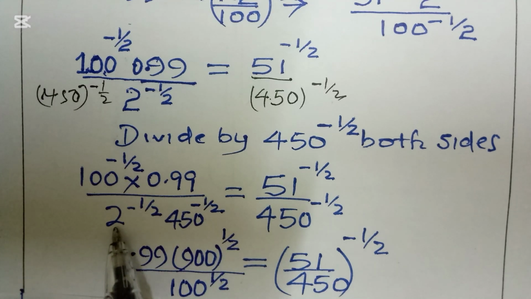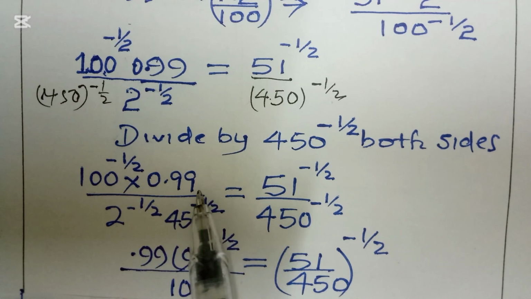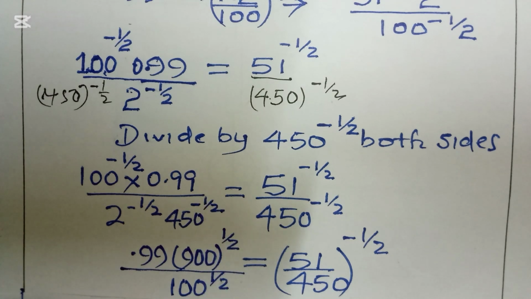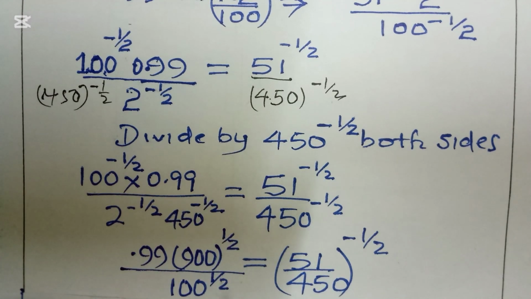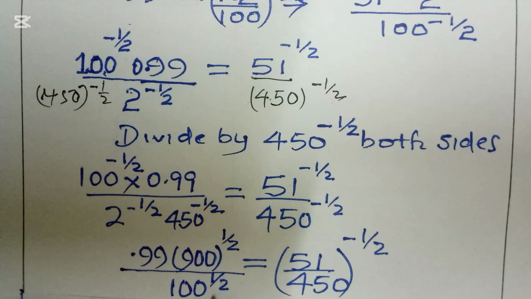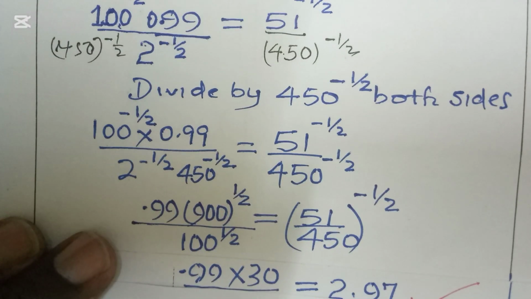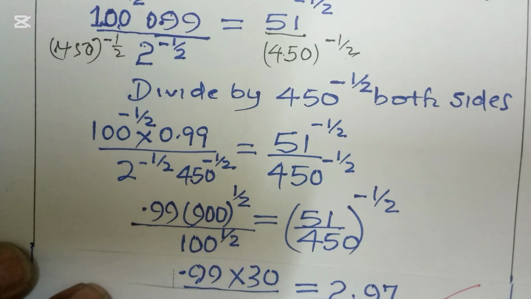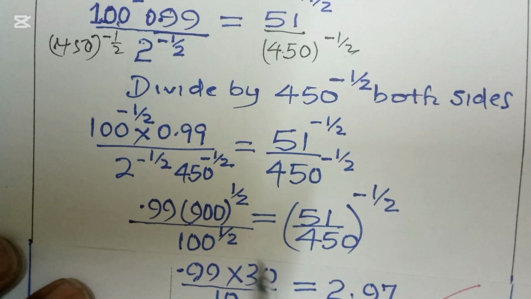So, guys, if we multiply 2 times 450, it will be 900 raised to negative a half. So when it comes up to be a numerator, it shall be 900 raised to a half. Then this 100, we can bring it down so that it will be 100 raised to a half. And by so doing, guys, the 900 is going to be 30. The 100 is going to be 10. And that's what I have done here.